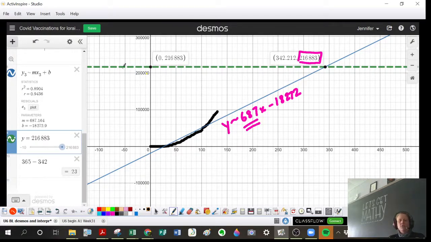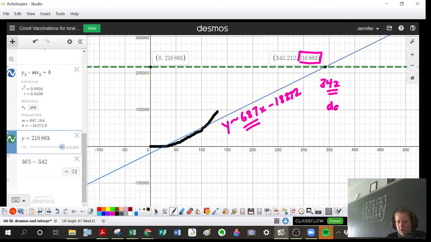All right, so using some basic linear algebra, I put in my herd immunity, right, that 216,000. And then I put in, or Desmos did that for me, my line of best fit. And I can see here that it intersected at about 342.